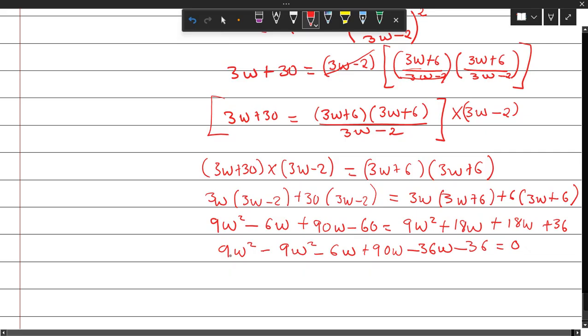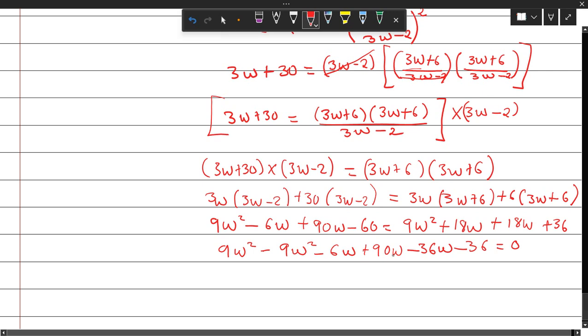So these two will cancel because it's just subtraction. So you would subtract like terms. These are the squares. So this minus this is 0. And now we come to this with w. So we say this is same as 90 minus 3, negative 6w plus 90. So it's same as 90 minus 3.